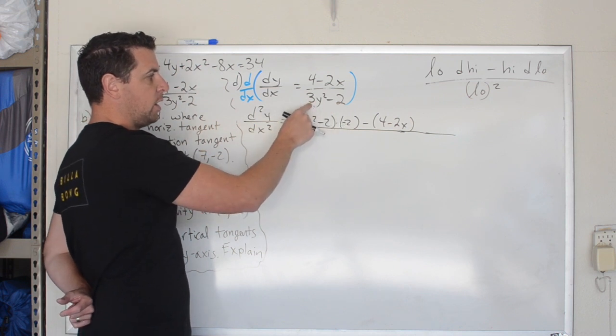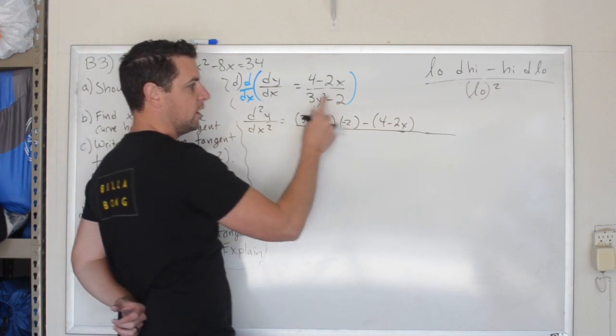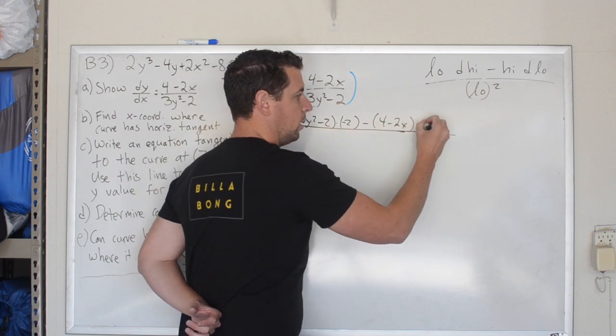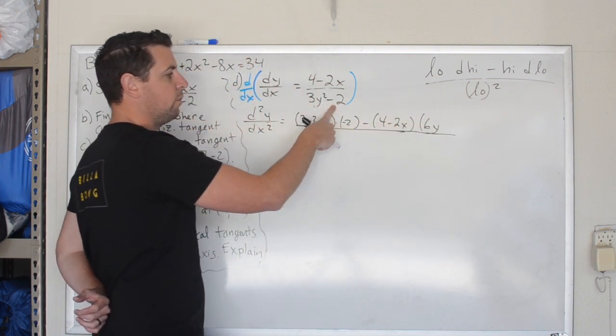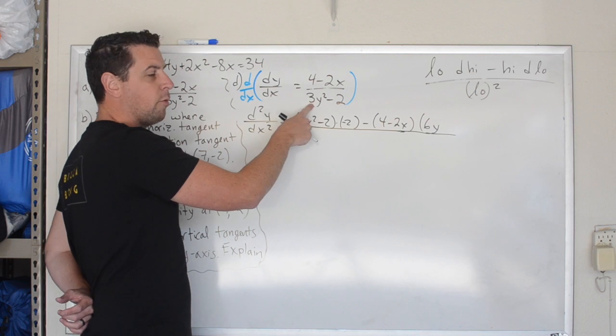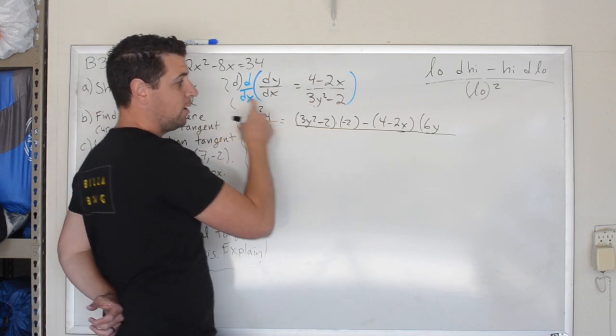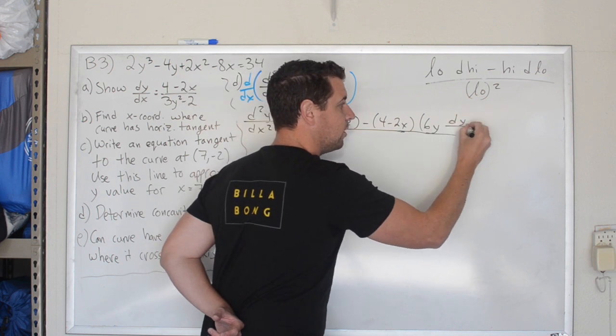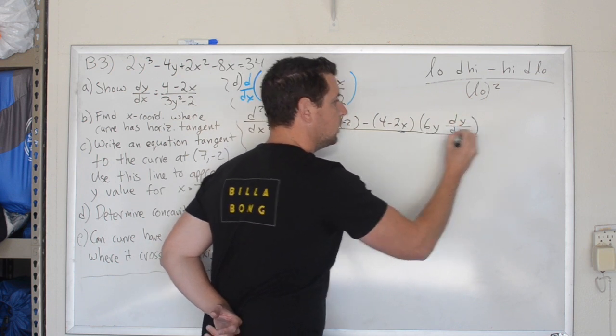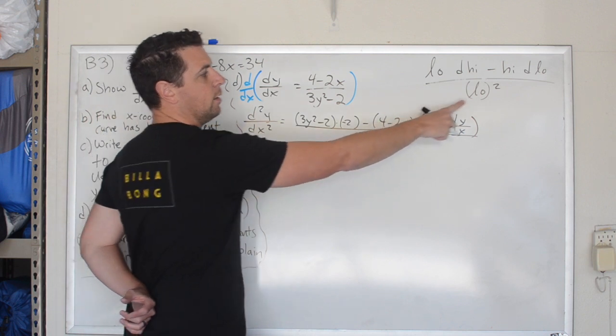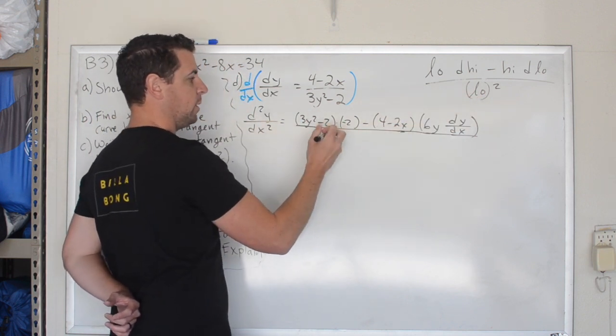So the derivative of 3y squared is going to be 6y. The derivative of negative 2 is 0. But remember, when I take the derivative of a y term with respect to x, I create this dy dx. Divided by low squared. Low squared would just be this term squared.